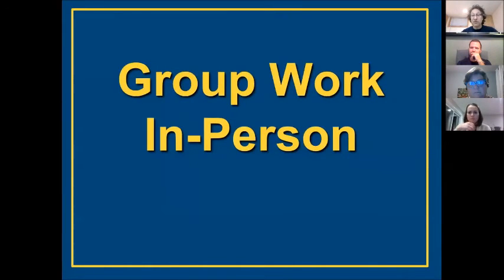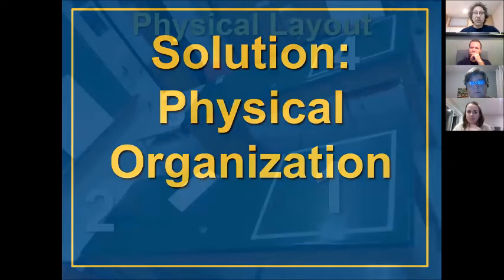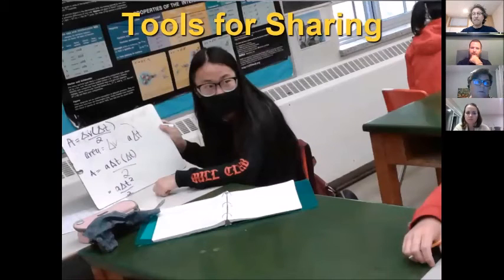Now, in the in-person world, we have to find a way to make the groups work because of the physical considerations because of COVID. And so we carefully laid out the classroom. We added extra tables or extra desks to the end of our fixed tables to provide the group of 4 students with enough space so they can sit and face each other, but have a reasonable distance.